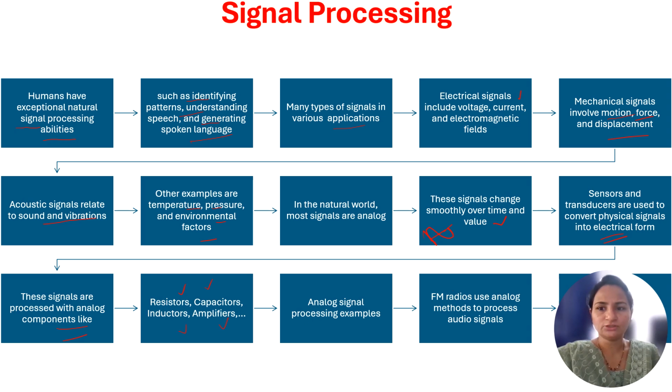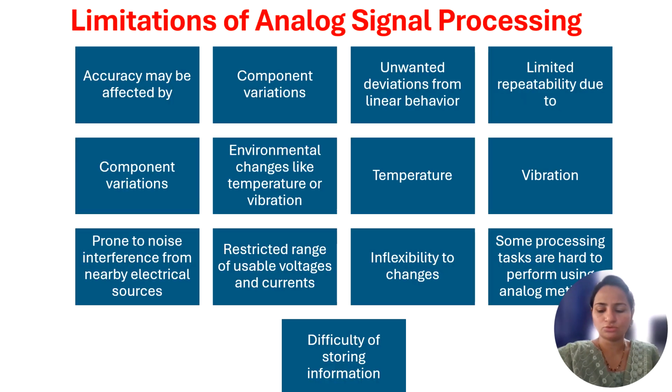Now we have limitations for analog signal processing. The name itself is digital signal processing. Why are we going towards digital signal processing? Because we have some limitations in analog signal processing. The first limitation is accuracy, which may be affected.